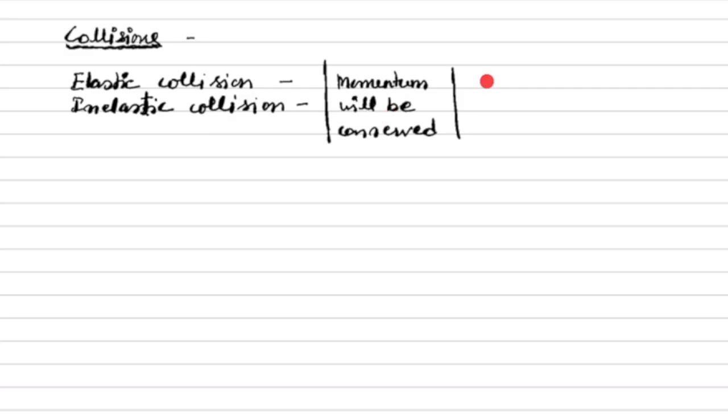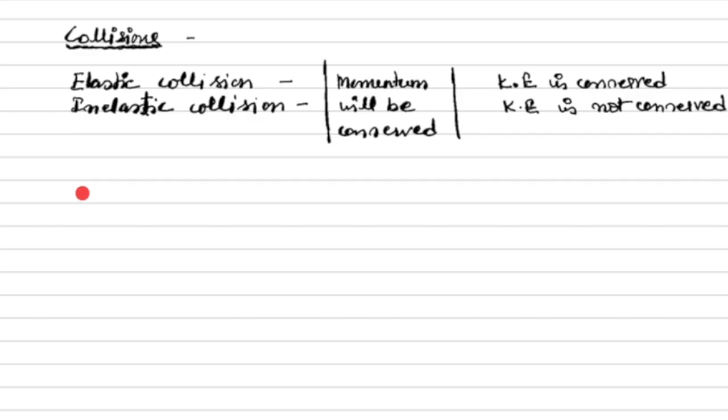So what is the difference? There is something which is not conserved, and that is kinetic energy. In elastic collisions, the kinetic energy of the system is conserved, like elastic. It comes back, it gives back the same kinetic energy. And in inelastic collision, you guessed it right, kinetic energy is not conserved.